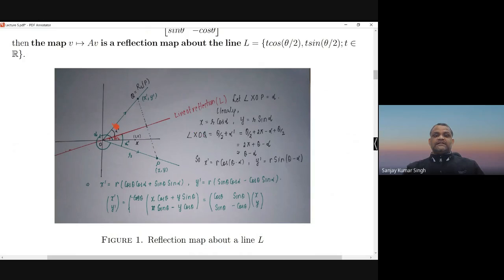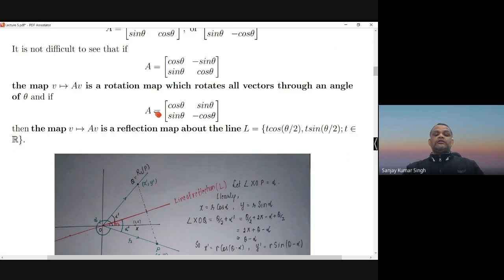This is the x-axis, this is the y-axis, and this is the line about which we want the reflection. And what is a reflection? If you pick any point (x, y), then the reflection map sends this point to Q. How Q is calculated I have given in the picture, and you can easily see that the coordinate of Q, suppose (x prime, y prime), is written like this, which is the matrix we have already observed here.